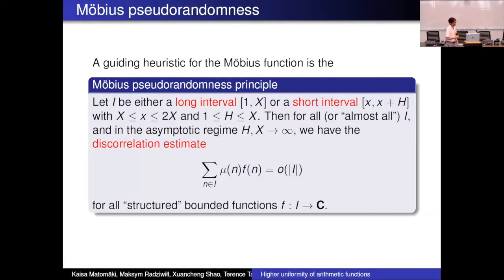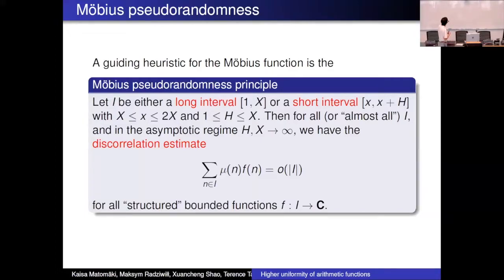So the principle is that if you take a long or a short interval, then for either all such intervals or most such intervals, almost all intervals, excluding some density 0 set of exceptions, the Möbius function should not correlate with anything structured.